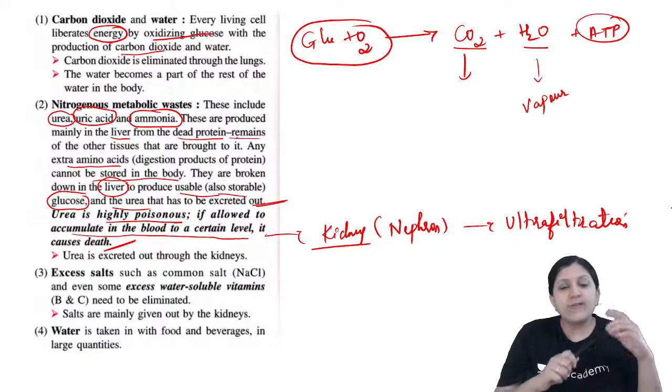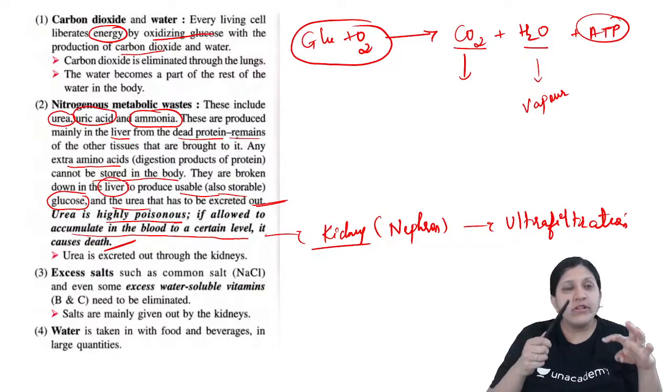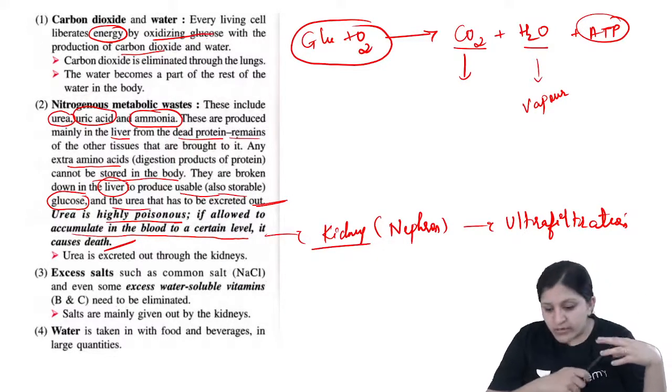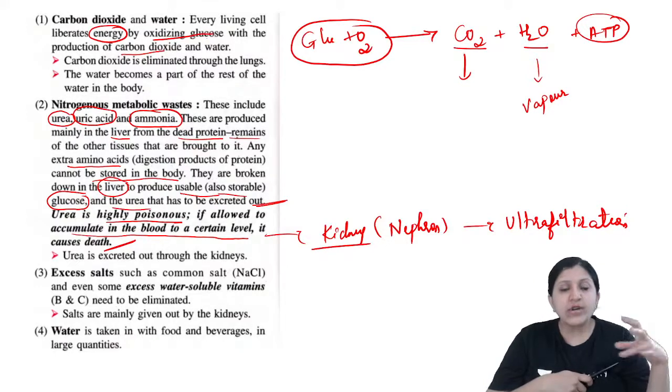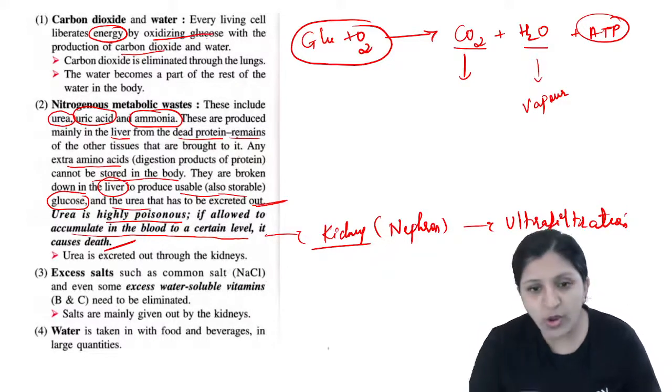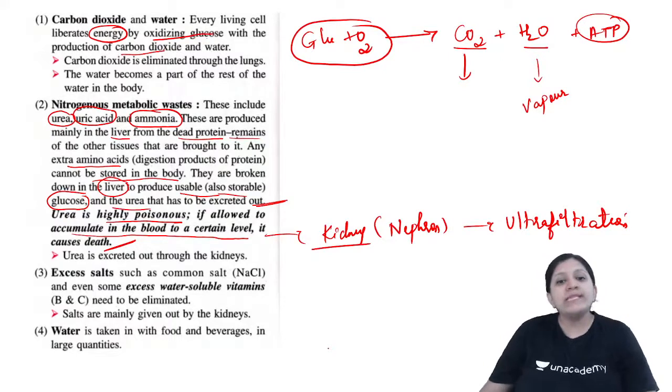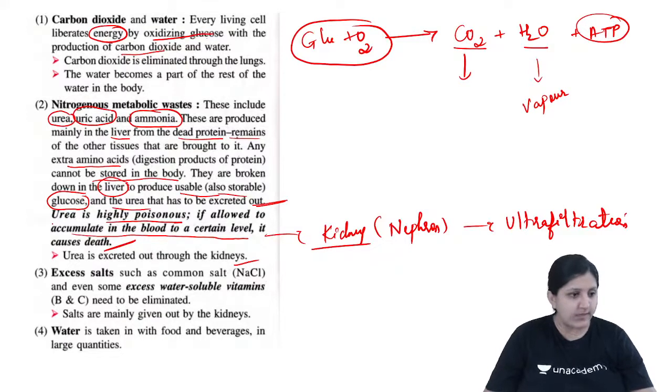I'll explain ultrafiltration, and we will see reabsorption, tubular secretion, and osmoregulation. Urea is excreted out through the kidneys. So this is about the other nitrogenous wastes we discussed.